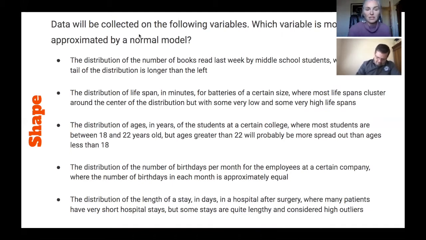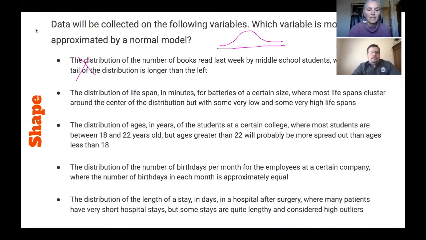So this first one says the distribution of the number of books read last week by middle school students, where the right tail of the distribution is longer than the left. Nope. So why, Mr. Bobby? Because of the tail. If it's not balanced or it's not symmetric, I'm out.